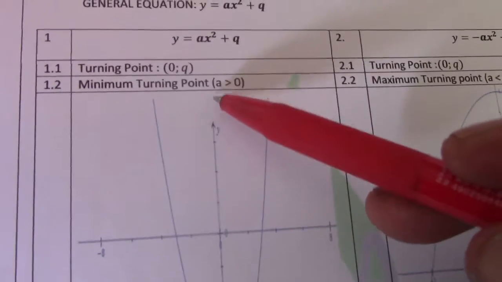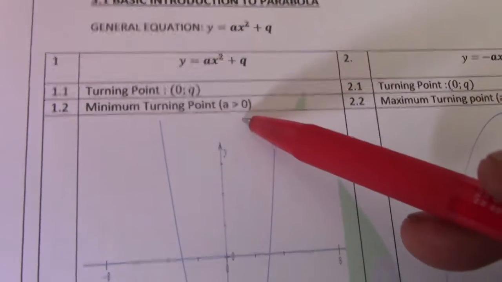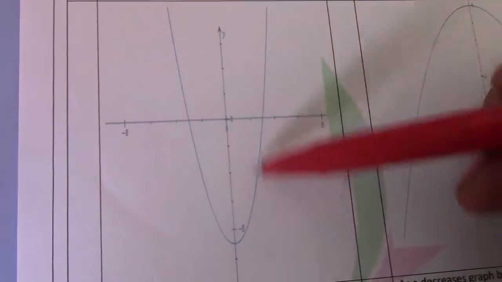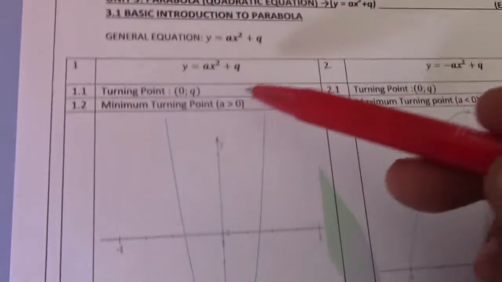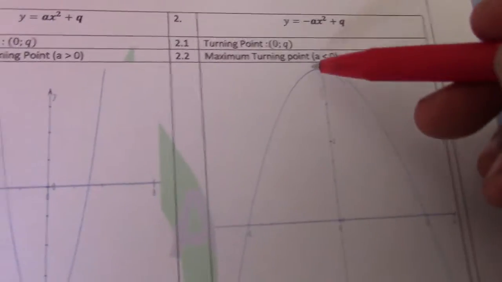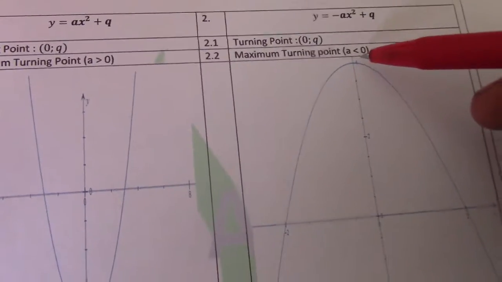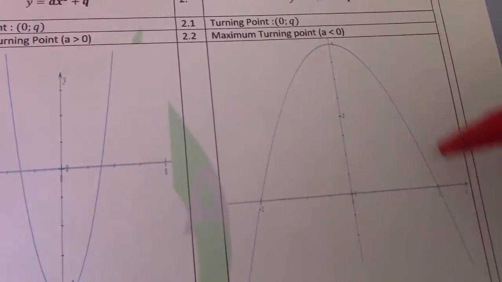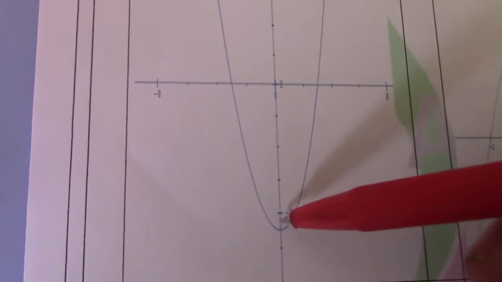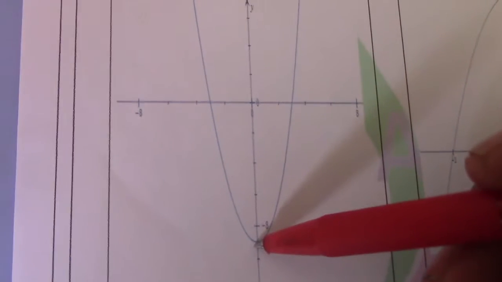Now the a value decides the shape of the graph. You should know when you're positive you're generally smiling, and guess what, the parabola is a smiling graph when the a value is positive. When the a value is negative, it ends up being a sad face. Now you see there the turning point that I'm talking about. There the graph is turning, it's changing direction.